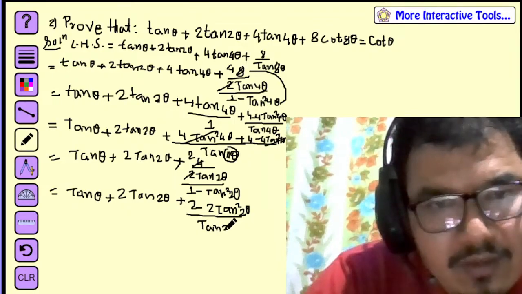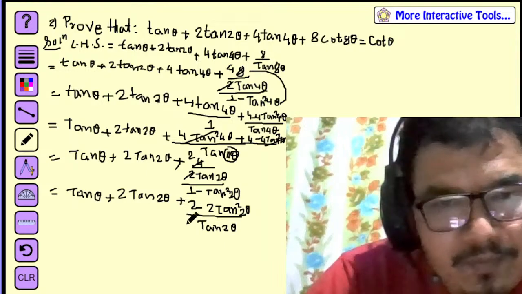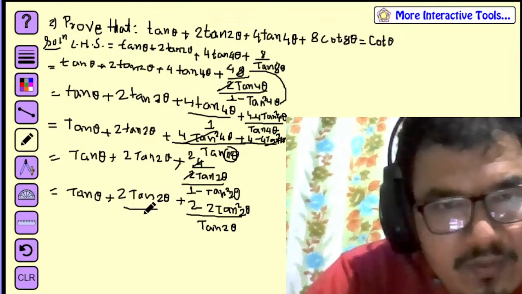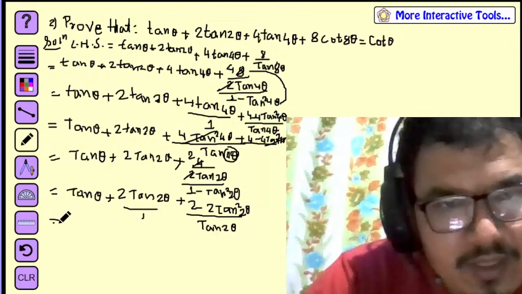Its denominator is 1. Same thing applies here also, this will be tan theta.